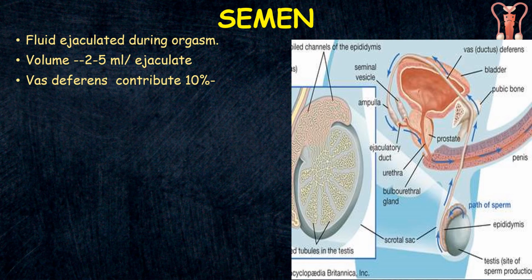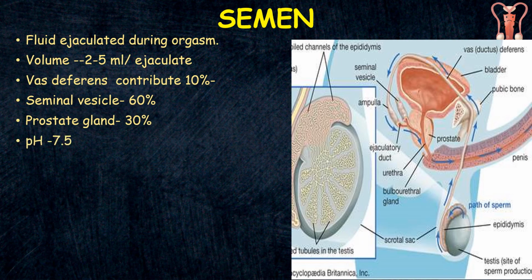Vas deferens contributes around 10% of the volume. Seminal vesicles contribute 60%. The prostate gland constitutes 30% of the volume of the semen.